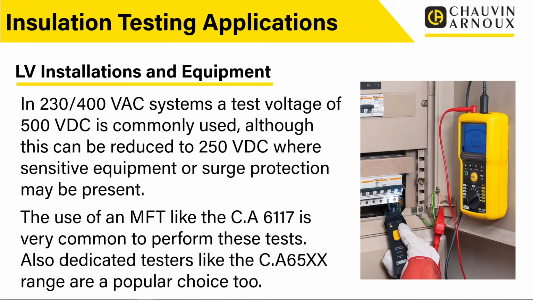Although dedicated testers like our CA65 range are also a popular choice too. And quite often people do like having a separate insulation continuity tester because it just means it's a bit quicker, it's a bit easier to use. Somebody can carry out testing using that while somebody else is using a multifunction tester to do other things.